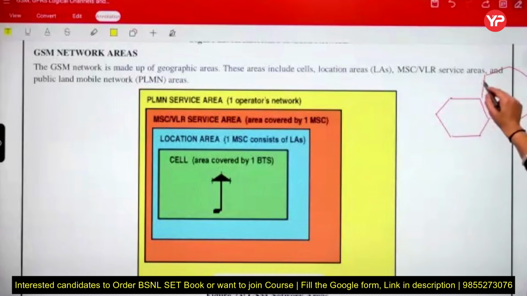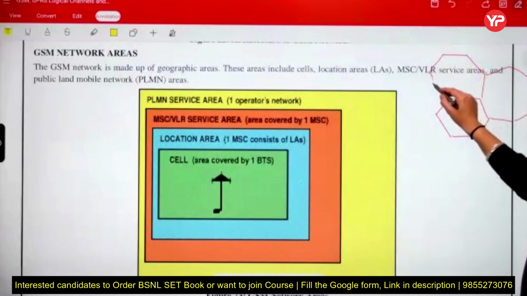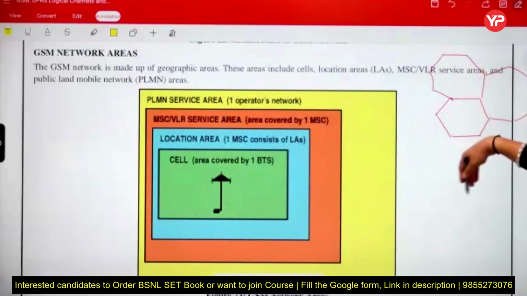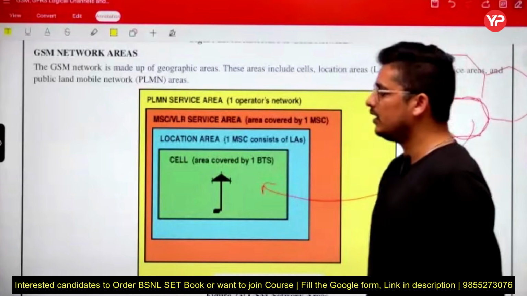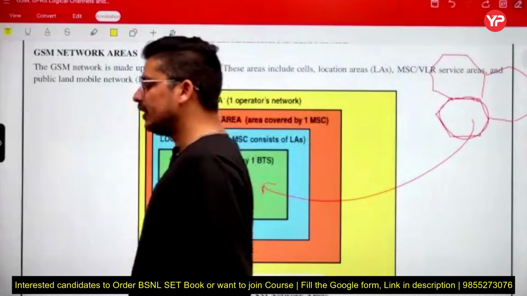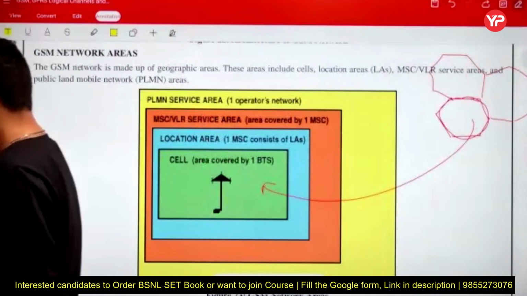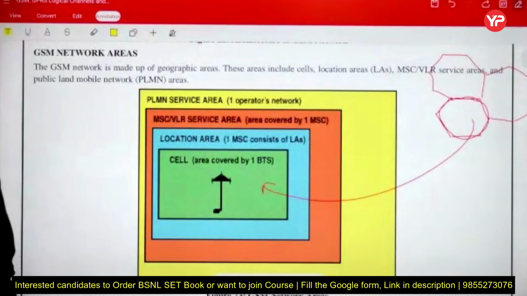Hexagonal cells like this, right? All the areas like this are hexagonal cells, and each hexagonal cell will be called a cell. Inside this cell we have a BTS.